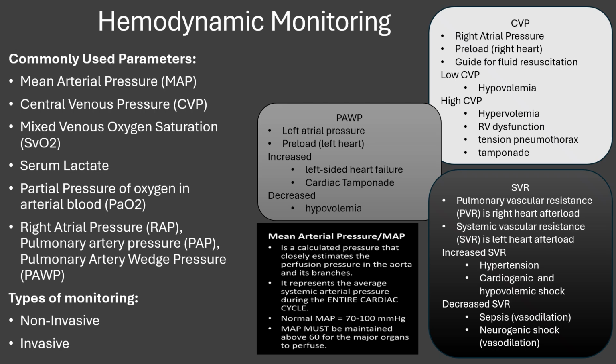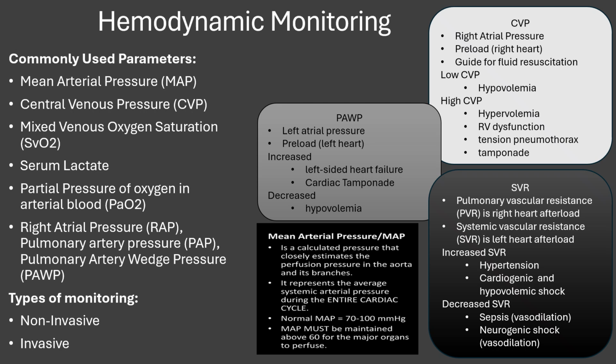Now, your systemic vascular resistance, or your afterload, is going to be that systemic resistance on that left ventricle, what it has to overcome in order to circulate blood to the entire body. Think about it.